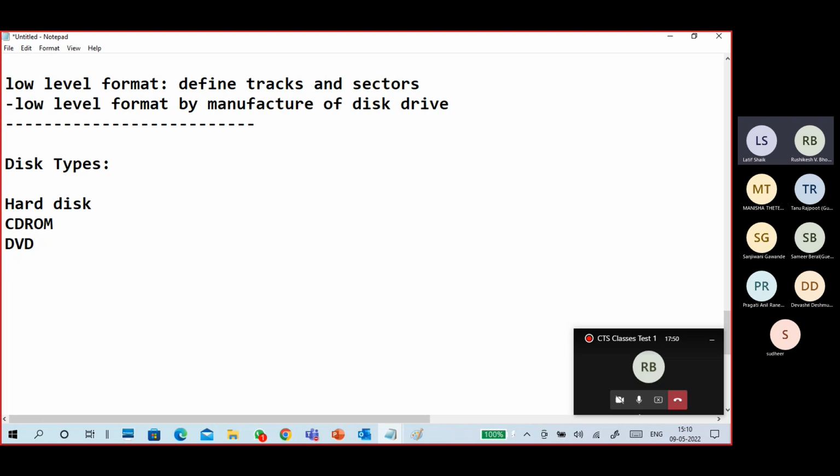So secondary storage devices: DVDs, floppy disks, pen drives, zip drives, DAT or DDS, digital data storage. It's like a magnetic tape.